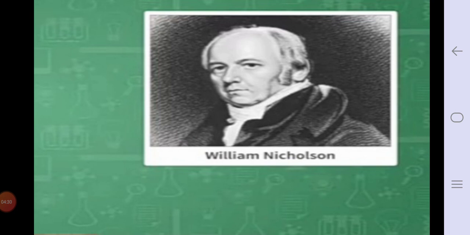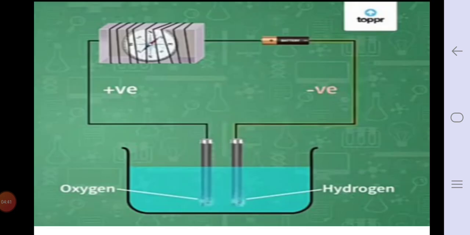He had shown that if electrodes were immersed in water and a current was passed, bubbles of oxygen and hydrogen were produced. Oxygen bubbles formed on the electrode connected to the positive end, while hydrogen gas is produced at the electrode connected to the negative terminal. So he found out these two changes occur.